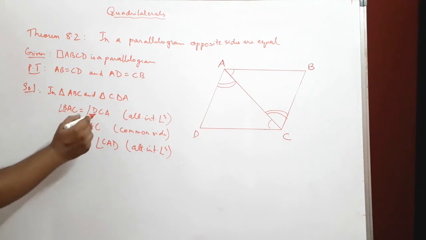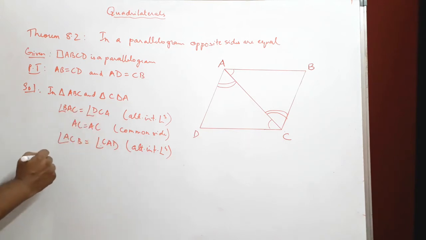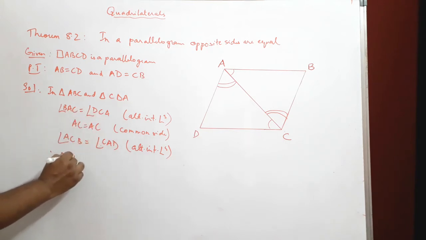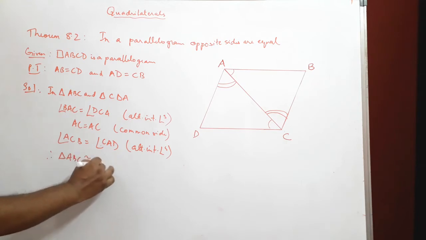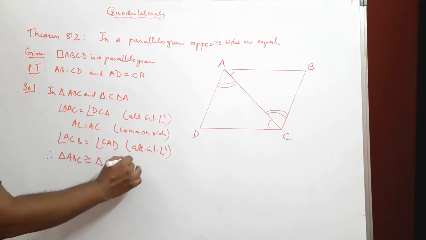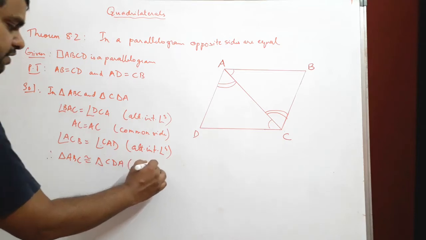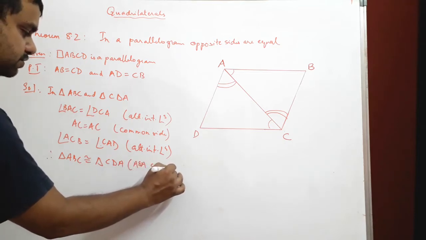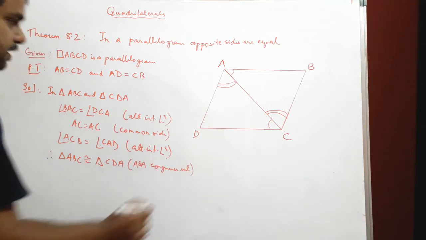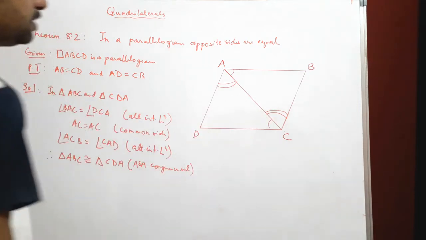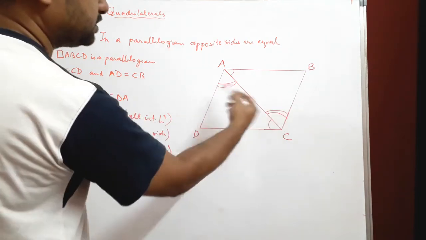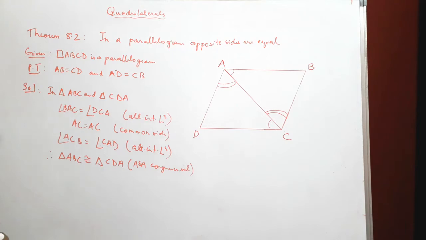So now that we have got angle, side, angle, we can write: therefore triangle ABC is congruent to triangle CDA by ASA congruence rule. And now that we have proved these two triangles are congruent, their corresponding sides are equal to each other by CPCT.